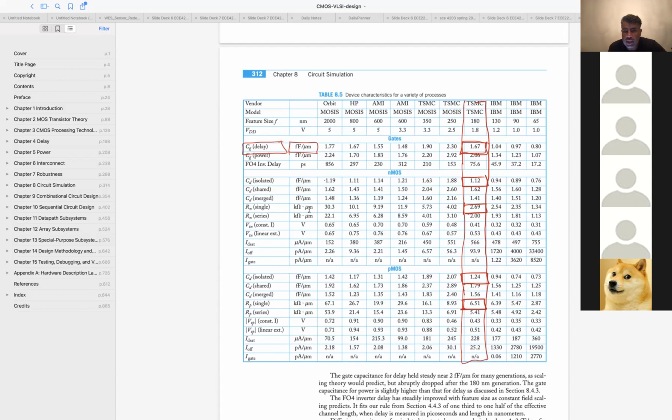So basically you end up dividing your resistance by the width.